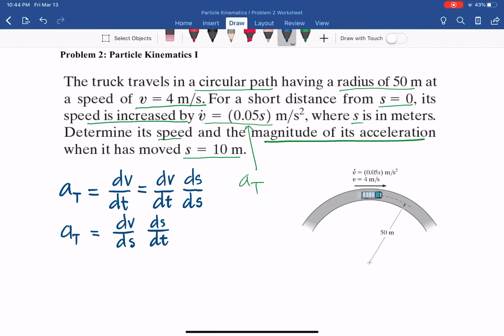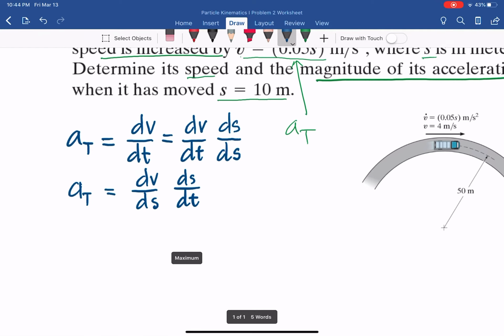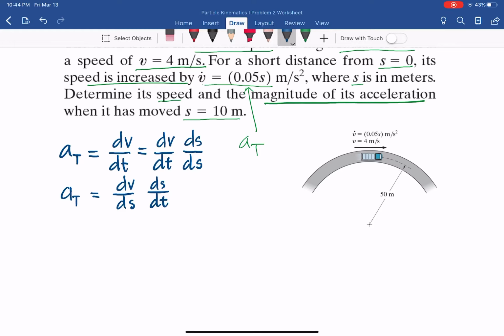Very similar in there. As we already know, the ds over dt here is actually the velocity. So we can say ds over dt equal to v.